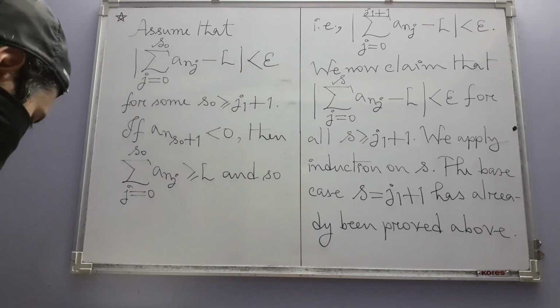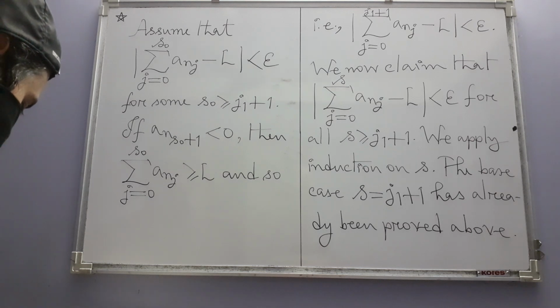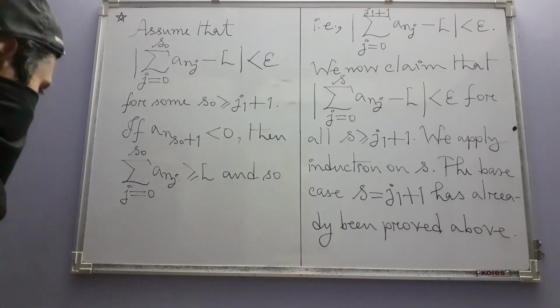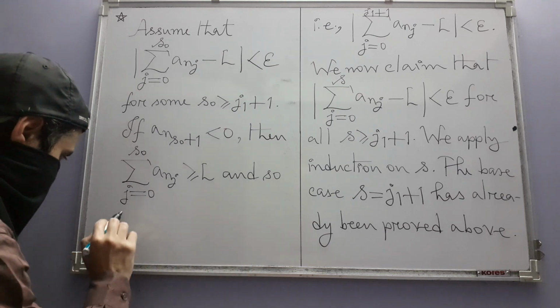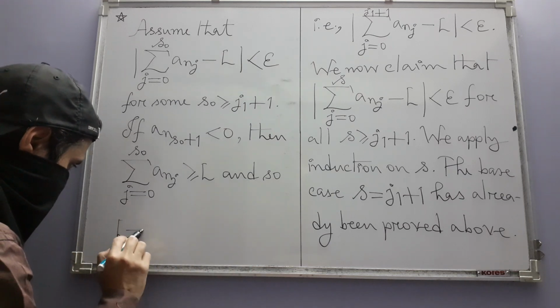Let me first write the things down and then I will explain. So the chain of inequalities goes like this.